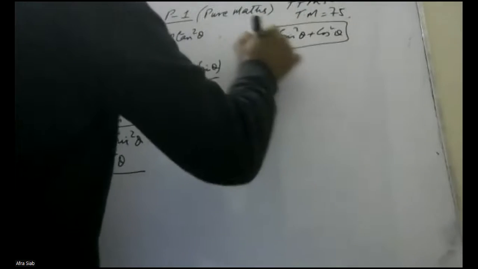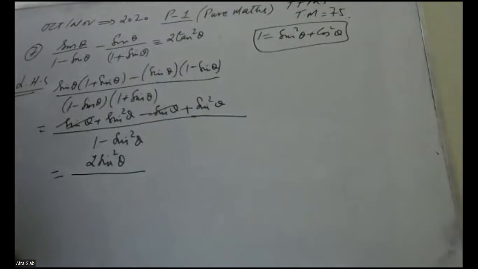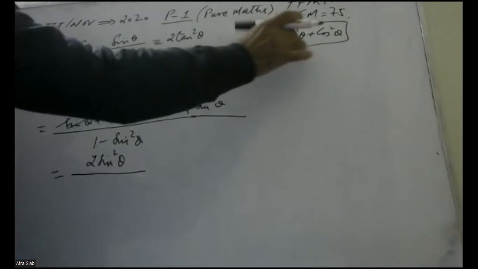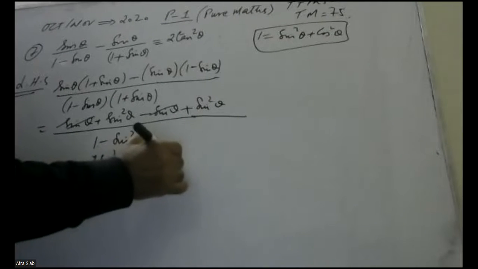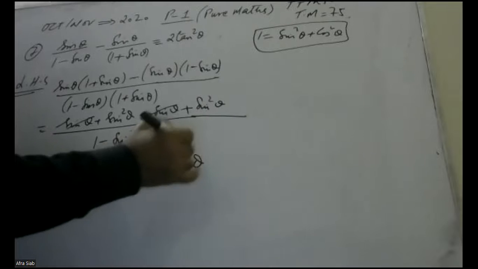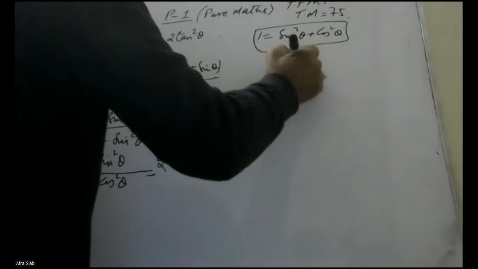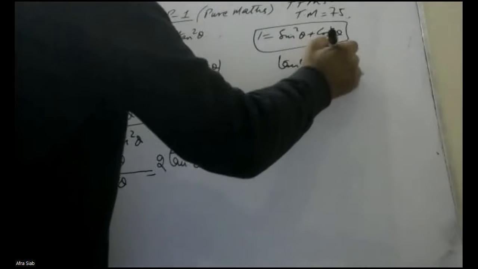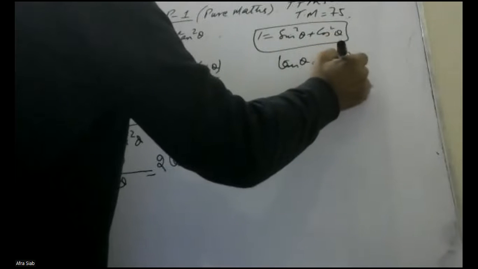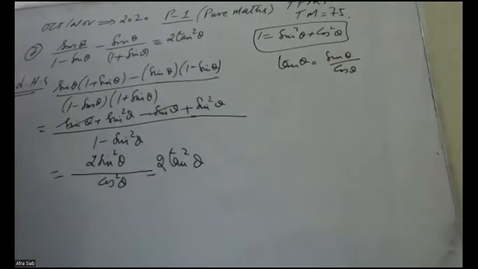As this is a trigonometric identity we know, 1 is equal to sine square theta plus cos square theta. So 1 minus sine square theta is equal to what? Cos square theta. And that is equal to 2 tangent square theta because tangent theta is equal to sine theta over cos theta.